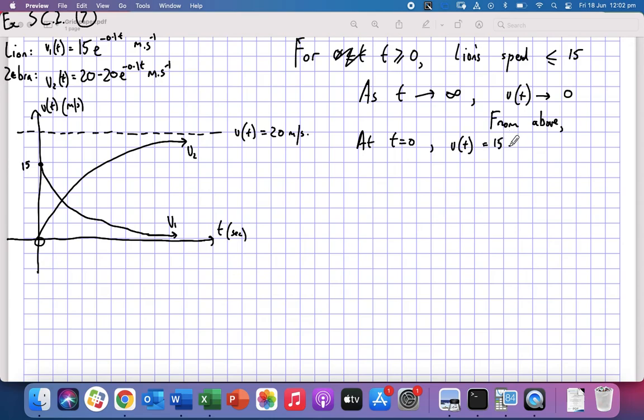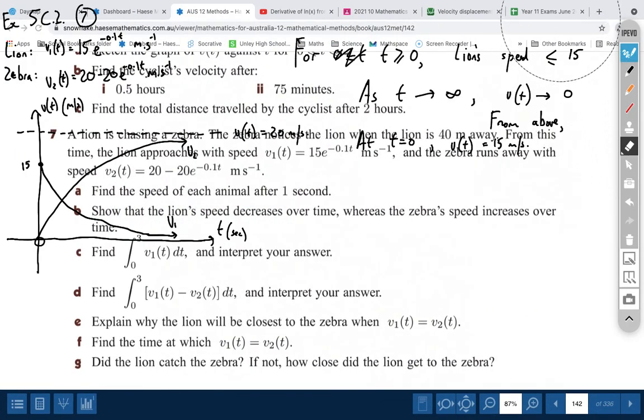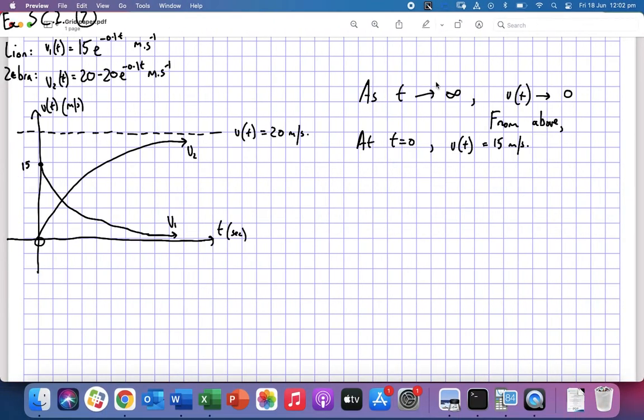That might be a nice way to do it. Sometimes the communication of the mathematics is the hardest part. Right. So consider times between 0 and infinity. And we could say at t equals 0, the speed was 15, but as the time approached infinity, the velocity tended towards 0.